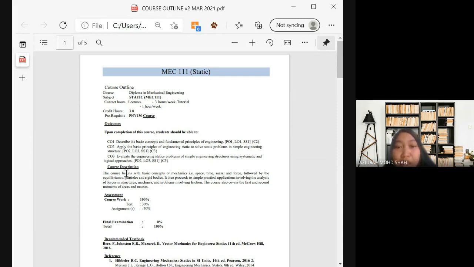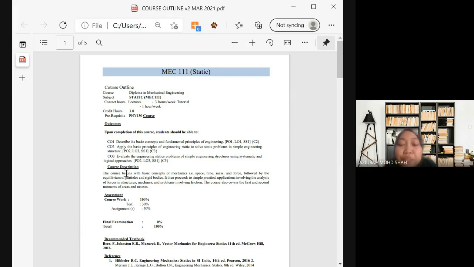Tapi sebenarnya kalau you faham the concept, it is not difficult at all. The problem is if you memorize. I don't want you to memorize in this class. Saya nak kamu faham kenapa dan kenapa. So that's why when you understand, for a higher level question like C5, it is testing your knowledge, the highest level for statics.